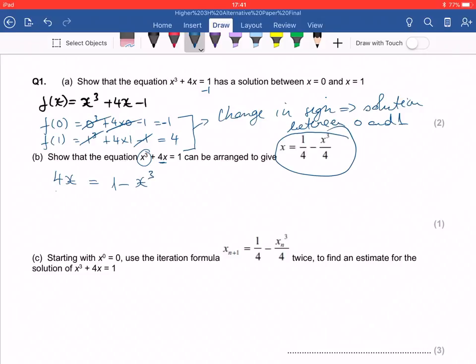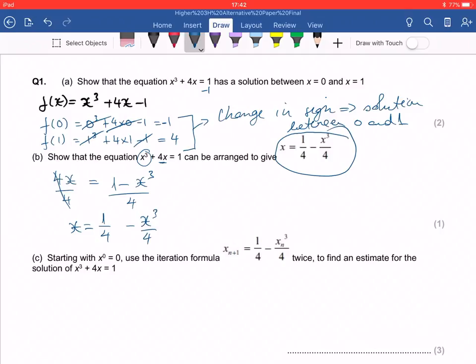Then I have to divide everything by 4. So 4 divided by 4 is 1. So I get 1x, or x is equal to, this bit I can separate into a quarter minus x cubed over 4, which is what the examiner wanted. So there you go. Done.